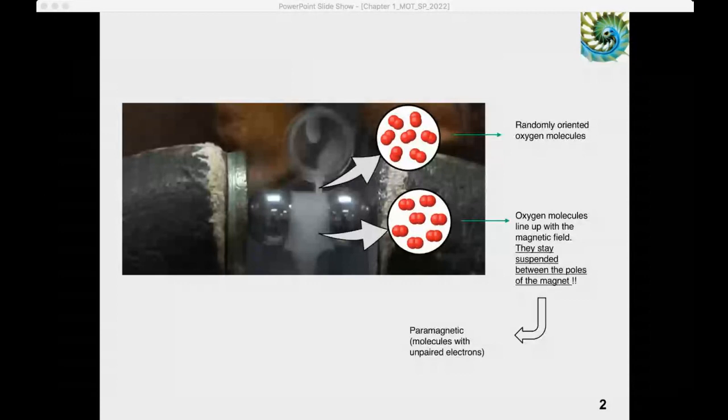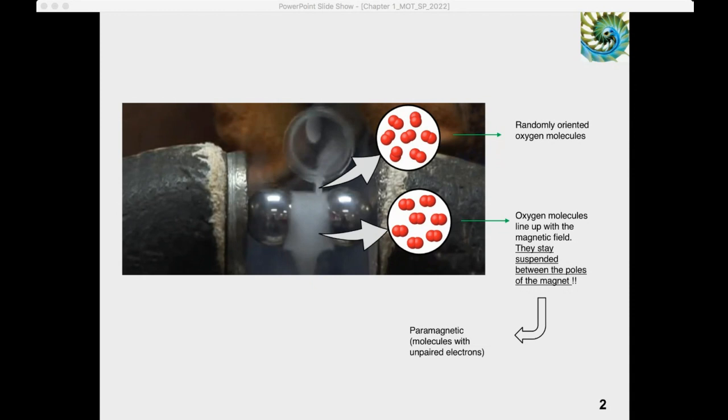So you can flush liquid oxygen through 2 dipoles of a magnet. With the liquid oxygen, when it's not in the magnetic field, the molecules of oxygen are completely disoriented. They are randomly rotating. Whereas, amazingly, when the liquid oxygen goes through the dipoles of this magnet, the oxygen molecules are capable of orienting themselves toward the magnetic field.